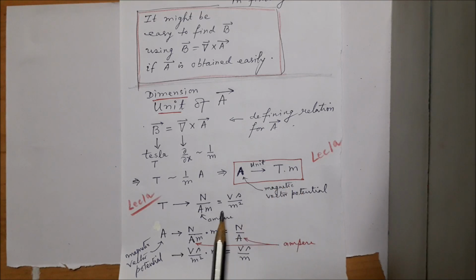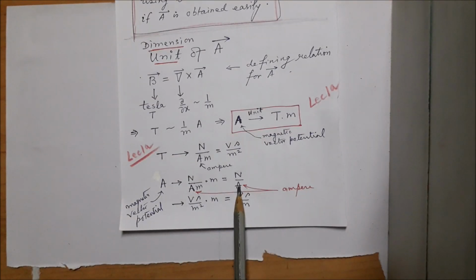Alternately, we discussed in lecture 1a, this combination of unit is Tesla. So, simplification gives us the unit of magnetic vector potential to be Newton per ampere.